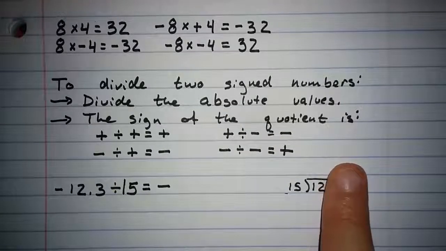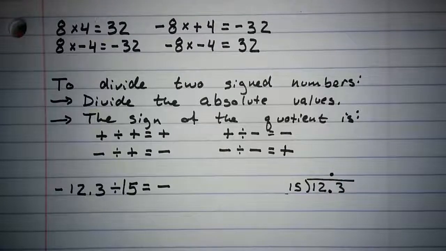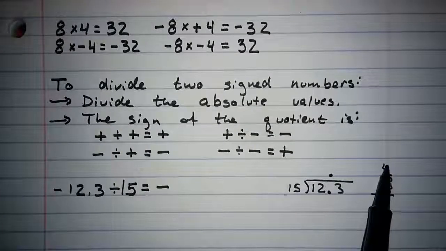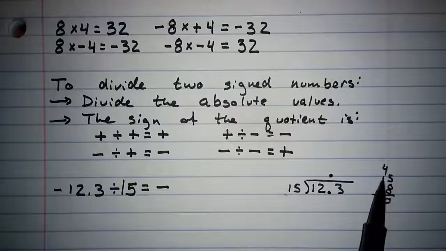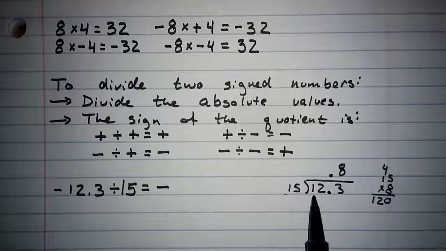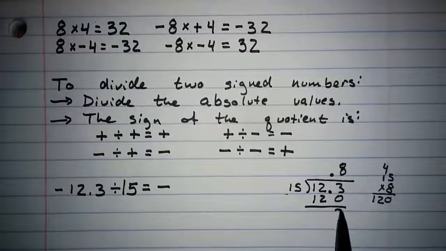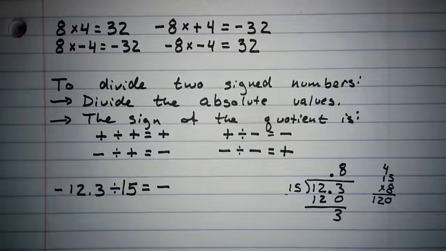15 doesn't go into 1. It doesn't go into 12. It goes into 123. Let's take a guess. It's going to be big, right? Let's try 8. 8 times 5 is 40. 8 times 1 is 8, and 4 is 12. 8 times 15 is 120. Subtract 3. We've still got something left, right?